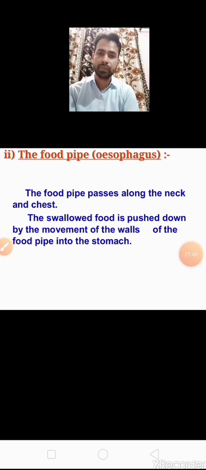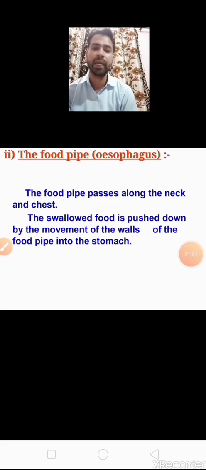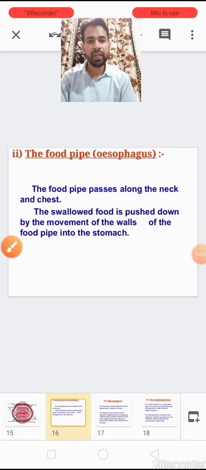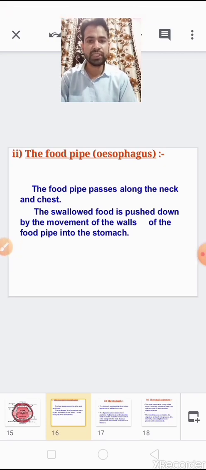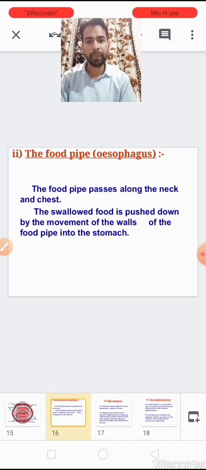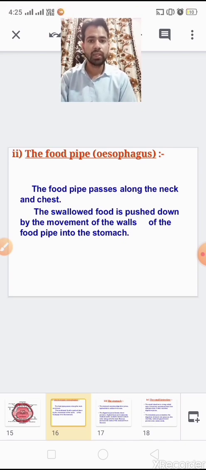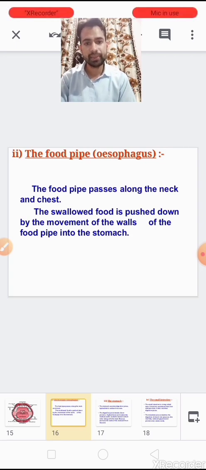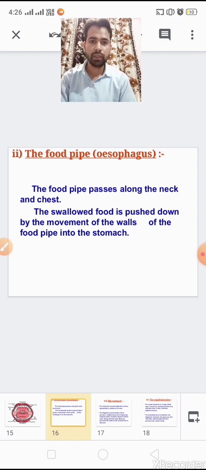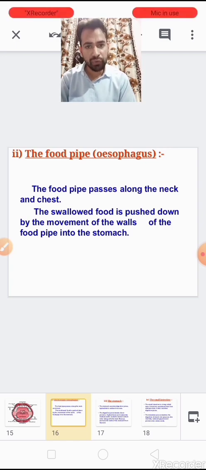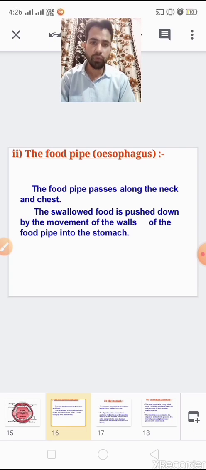Okay children, clear about this? Any problem? Now the second part of the alimentary canal is the food pipe. The second part of the alimentary canal is the esophagus. Okay, it is known as the food pipe. Esophagus is a pipe, the food pipe, through which food passes from the mouth to the stomach. The stomach gets food by the food pipe.